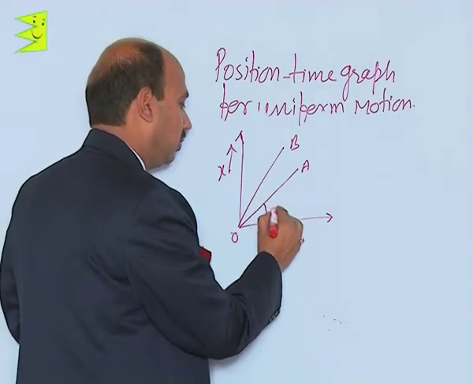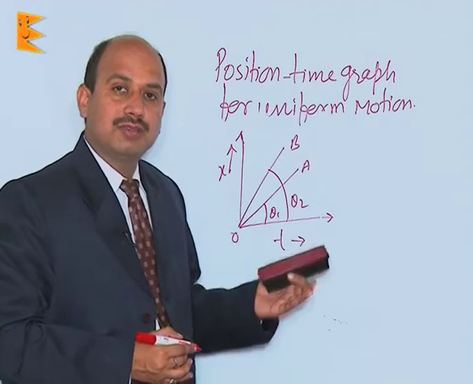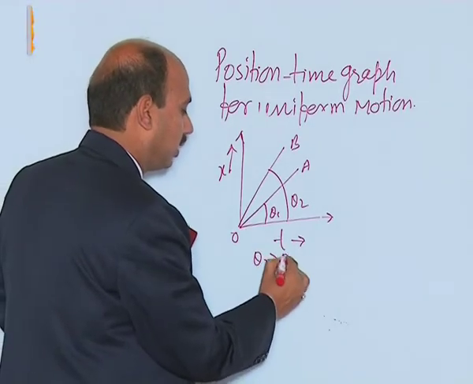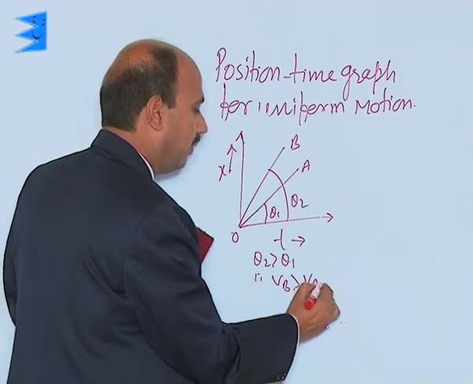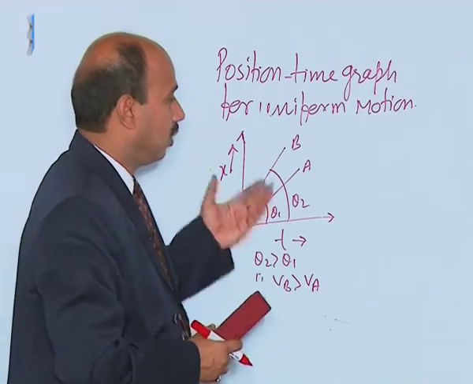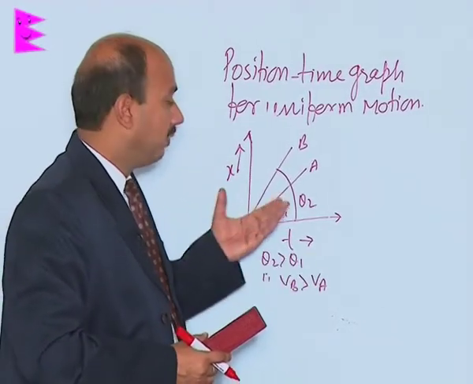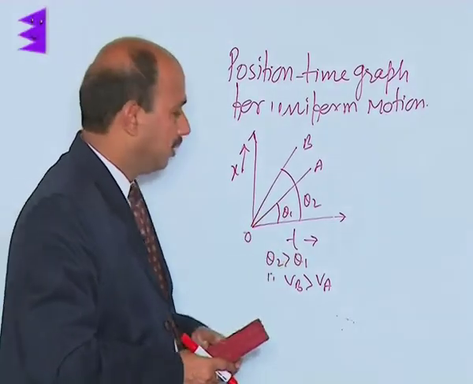See here, this is theta 1, this is theta 2. As you know, the slope of the xt graph is equal to tan theta. Here we see theta 2 is greater than theta 1. Therefore, Vb is greater than Va. So, you can guess the velocity or you can also calculate the ratio of these two velocities if angles are given to you, or you can tell which object is moving with the greater speed.